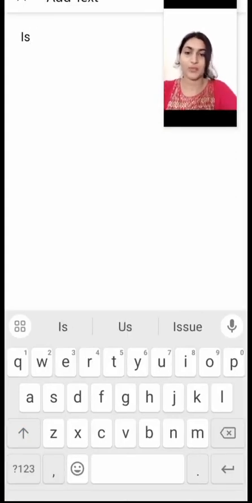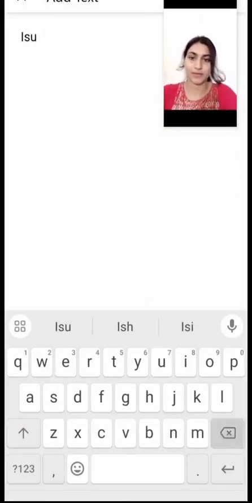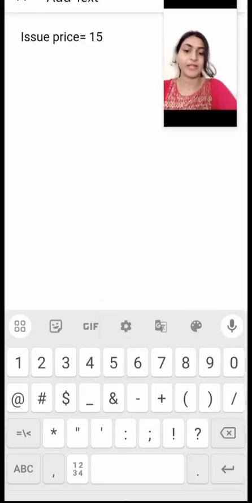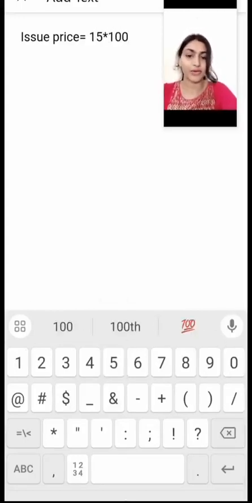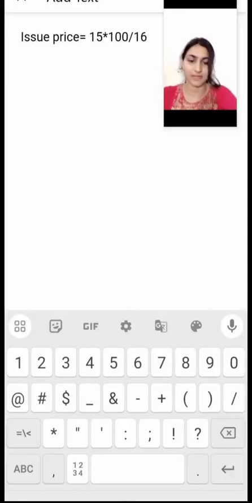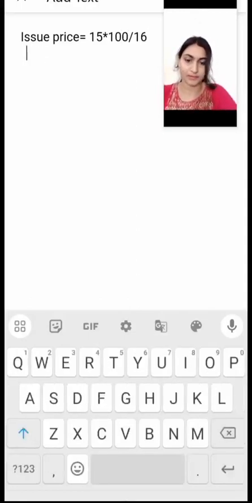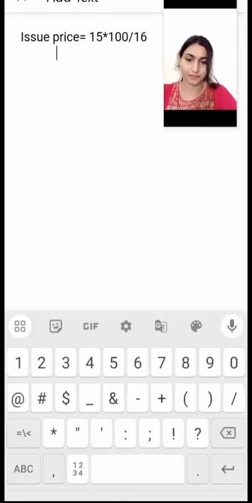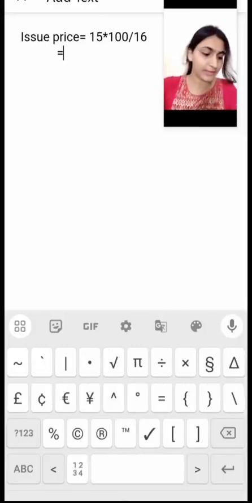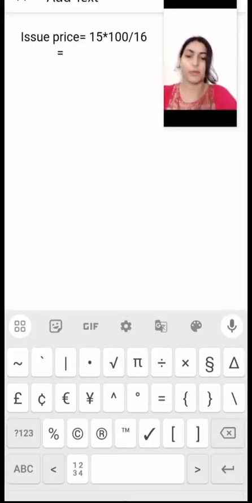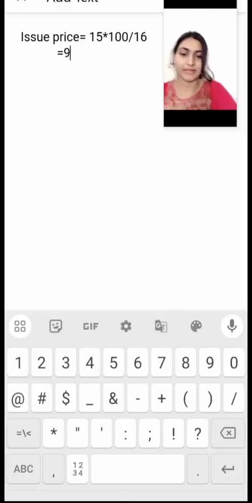Okay, so the issue price is equal to 15 into 100 cross multiplication divided by 16. How much will you get? You'll get about 15 into 100 divided by 16, 93.75.